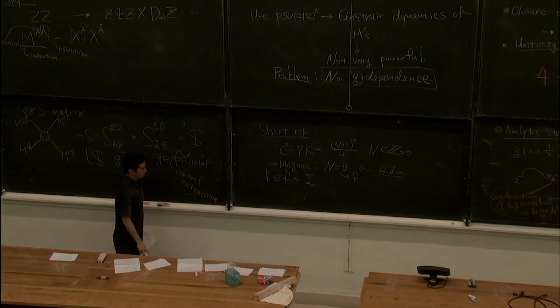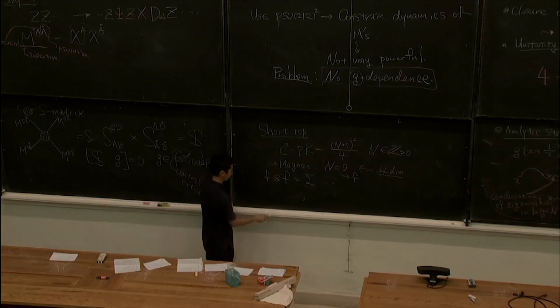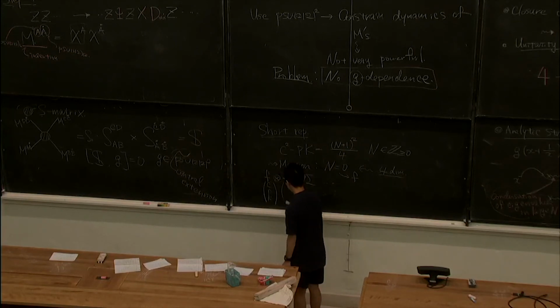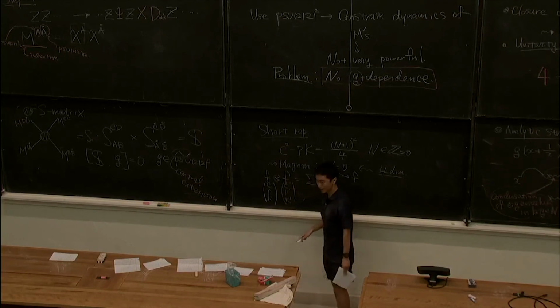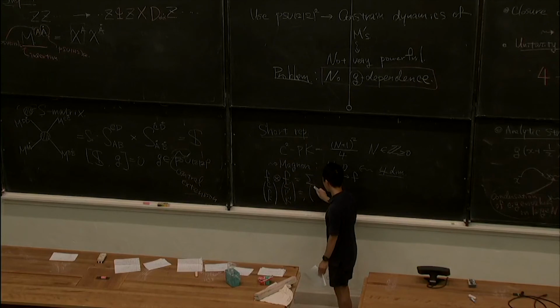But now the fact that this symmetry group has 3 different central charges plays a very important role. If you take the tensor product of 2 representations, then basically the central charges add up to C plus C prime, P plus P prime, and K plus K prime.